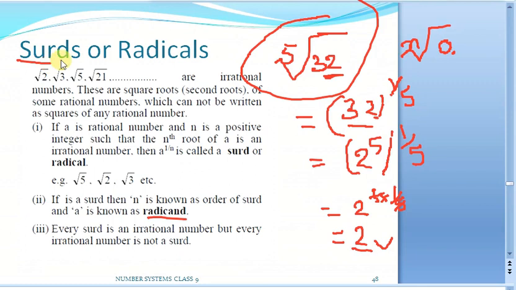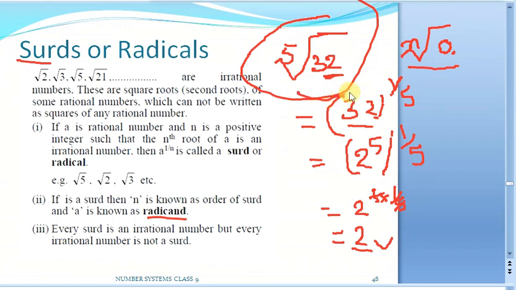So basically surds are irrational numbers, and surds won't include rational numbers. Surds are irrational numbers which can be in this form: nth root of a, such that a should be a rational number and n should be a positive integer, and this entire result has to be an irrational number. In that case we can say the number is a surd.